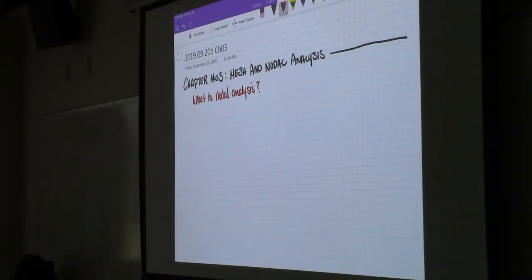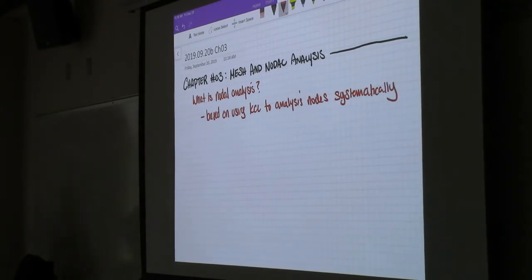It's based on using KCL to analyze the nodes systematically. So we know that we can set up KCL for each node, and we've been doing that, but this provides us a systematic way of solving.